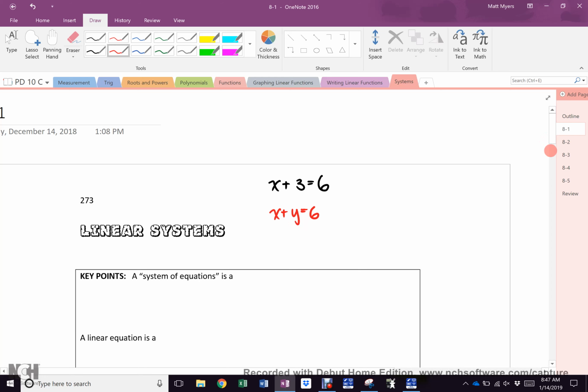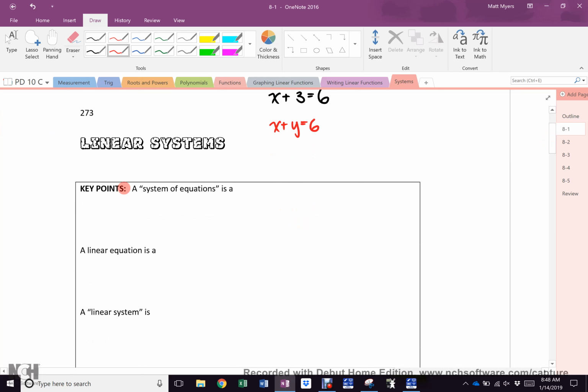Let us begin then. A system of equations is a group of at least 2 equations. That's it. That's all it is. As long as you got 2 equations, you've got a system. There's one little other rule, though.